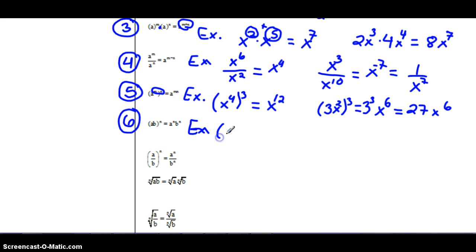If I have, let's say, a 2 and an a squared and an x inside parentheses, and then I raise it all to the 4th power. Okay? What I'm going to have to remember is that the 2 raises to the 4th power, and the a raises to the 8th, and the x raises to the 4th.